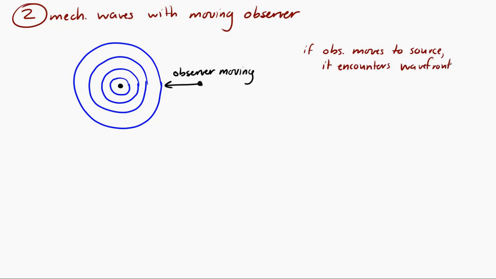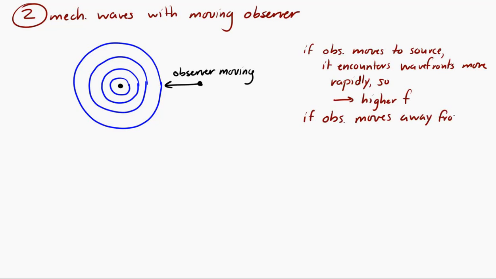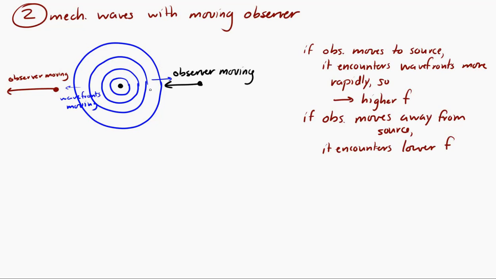That means it observes a higher frequency. And if it was moving away from the source, then we would expect it to receive a lower frequency. Those wave fronts are going to have to try to catch up with the observer, and so they won't reach the observer quite as often, so you get a lower frequency.